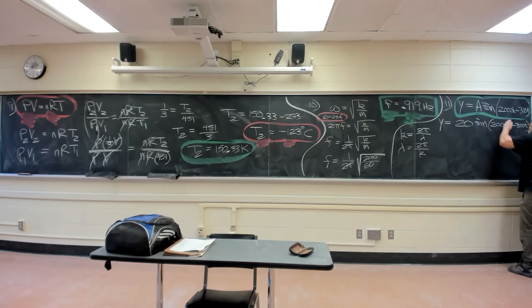Maybe a better way to do this, guys, is for me to erase this and put an omega t right here, and a kx right here, so we know who's who. If that's k, that's k. If that's omega, that's omega. I hate erasing this stuff, guys. It doesn't come out as clean sometimes, but maybe that's a little more general form for us to look at.